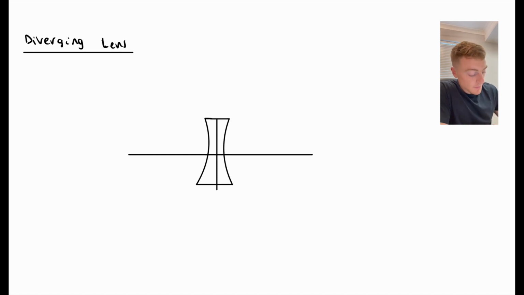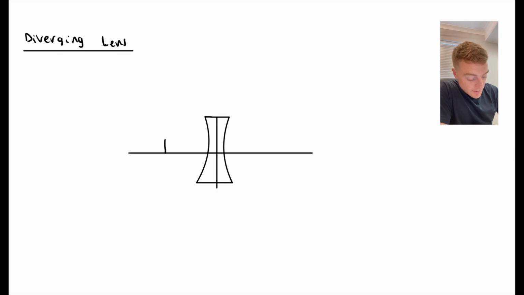Now, again, if I draw my object, I have my observer. So we've got someone actually looking at an object. So this could be a person. So we're looking at an object through the lens. Again, we're going to first draw a parallel ray. And this time, it diverges at the lens.